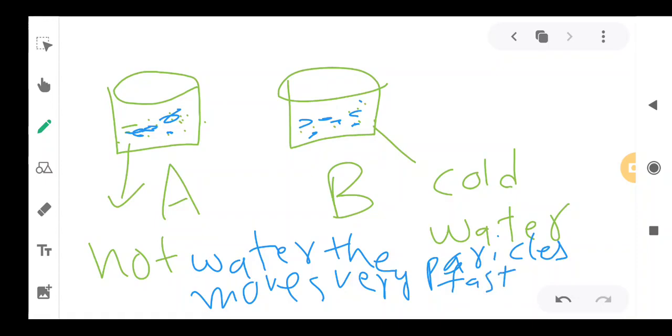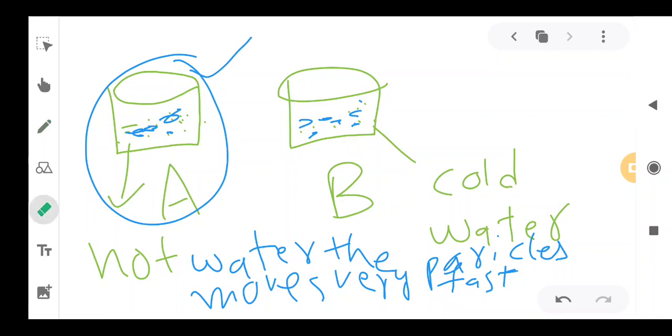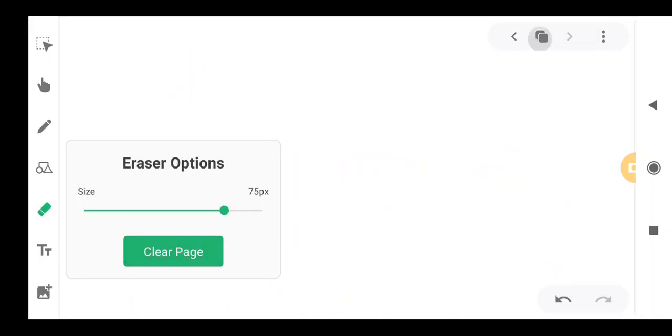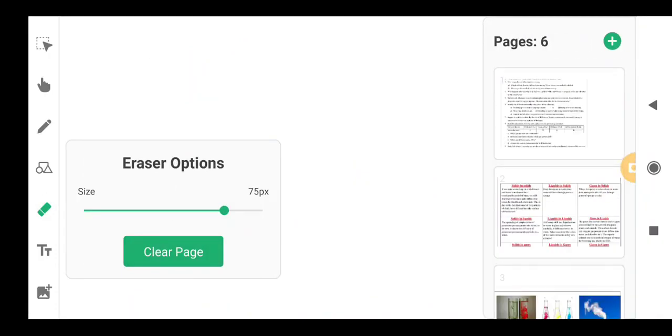So diffusion takes place very fast in beaker A. You have to write: in hot water the particles move very fast, that's why in beaker A the diffusion takes place very fast. This is the answer. Okay, we will go for next question.